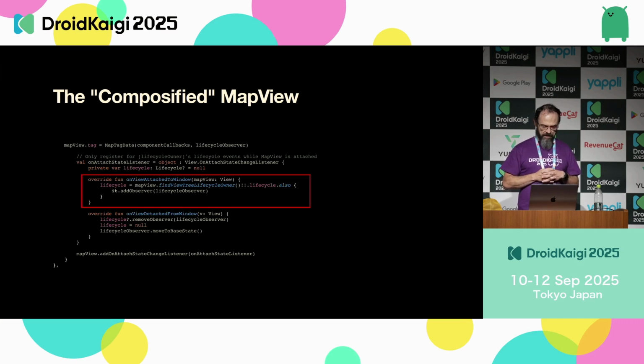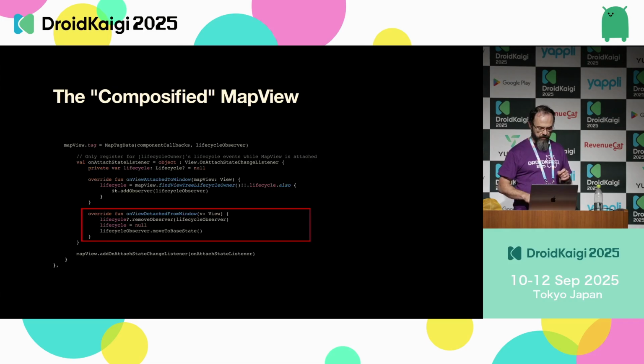Now, we also have the OnAttachStateChangeListener, which is crucial to determine if the map has been attached to the window or not. We override these two methods. First one is onViewAttachedToWindow, where we find, inside the view tree of the lifecycle owner, the lifecycle and just add an observer.